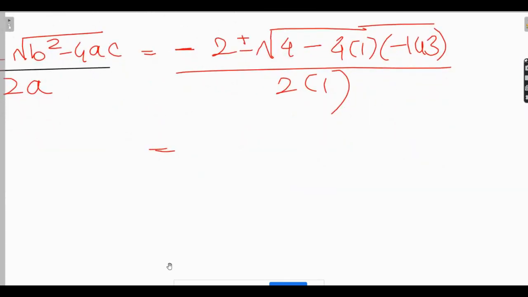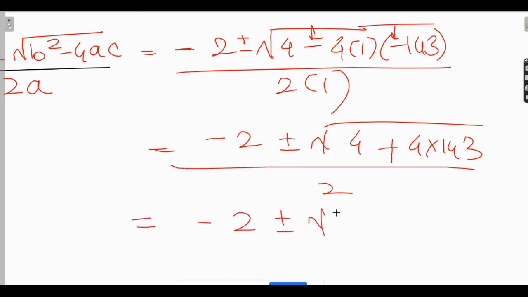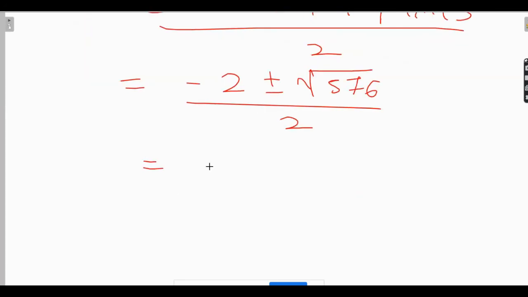If you solve the bracket, you will get minus minus will become plus. This is minus 2. This minus and this minus will become plus. Correct? So 4 into 143 upon 2. If you solve this out, you get root 576 upon 2. Okay, so minus 2, 576 is square root of what? 24, upon 2.